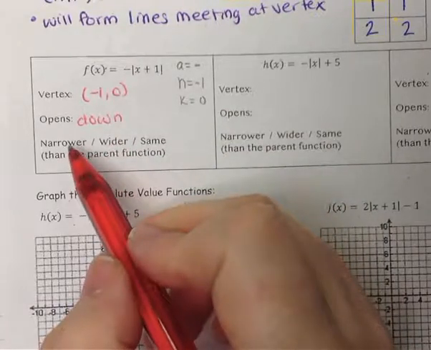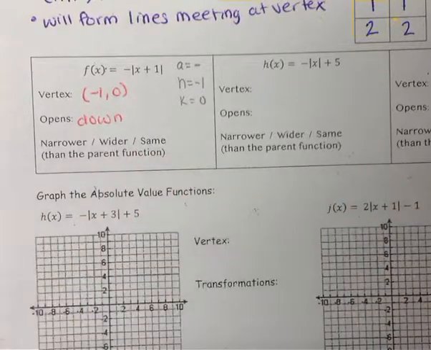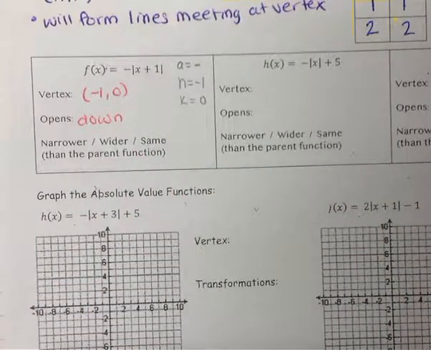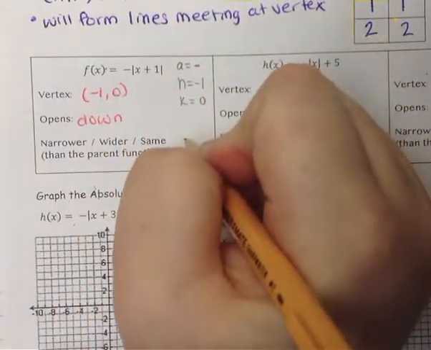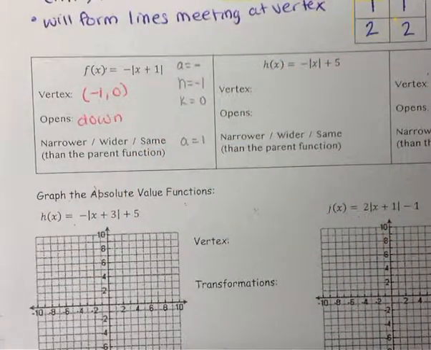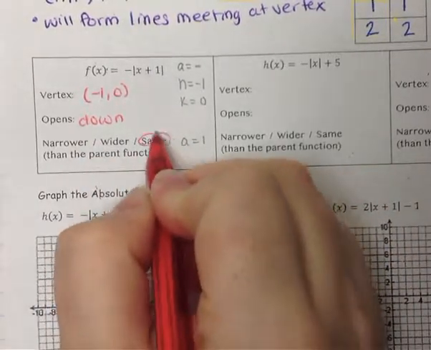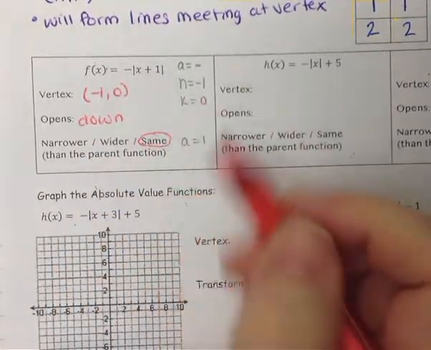But we want to know if it's going to be narrower, wider, or the same as the parent function. So since that a value was still a 1, and the parent function a value is a 1, it will be the same width. So it's going to have that same slope, just going in the opposite direction.